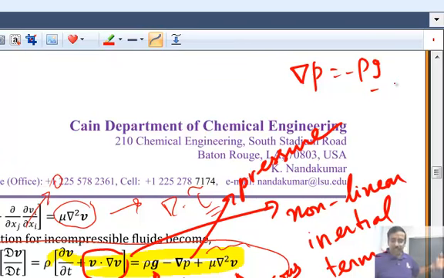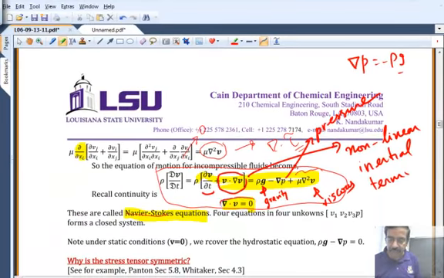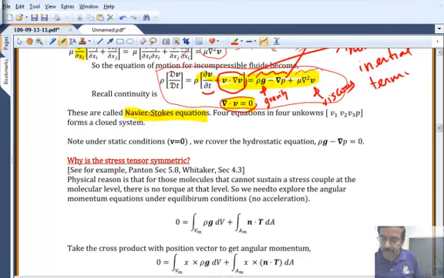If I take this and say the velocity is zero everywhere in the Navier-Stokes equation, because velocity zero means this is automatically satisfied, and the left hand side will drop out, this term will drop out, and you will have basically a balance between gravity rho G and gradient of P. There's a sign problem that depends on the coordinate orientation that we set up. Okay, so those two are the fundamental set of equations, and it reduces to the limit when there is no flow, to the hydrostatic limit.